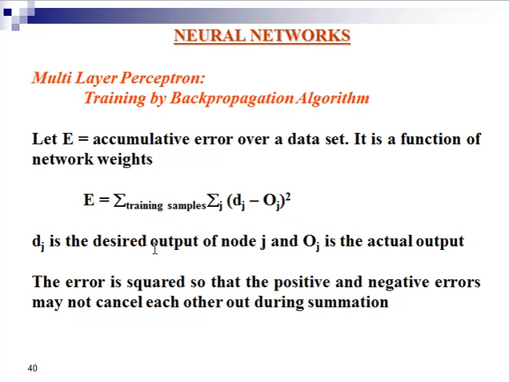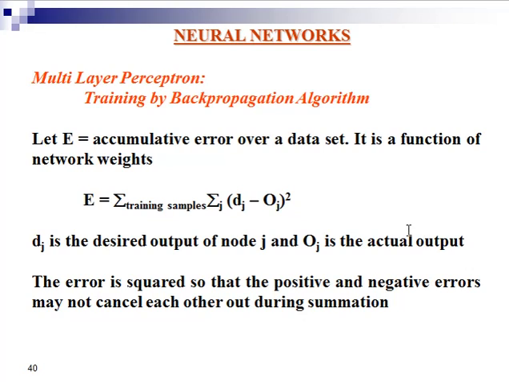Here dj is the desired output value of node j, right? So this subscript j is basically specifying a single node here. So for node j, dj is the desired output value and oj is the actual output value. The error is squared so that the positive and negative errors may not cancel each other during summation.